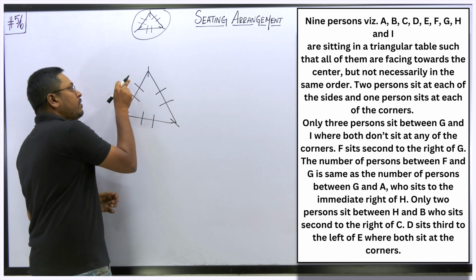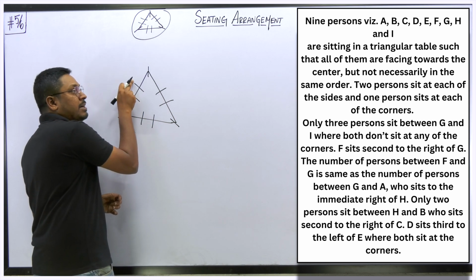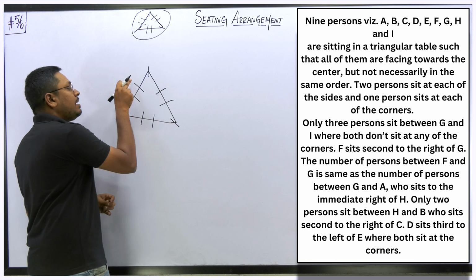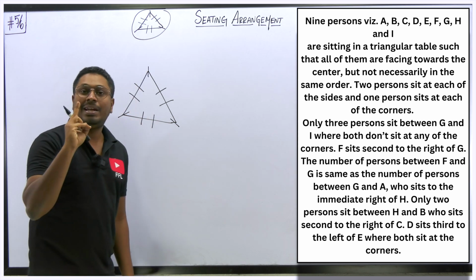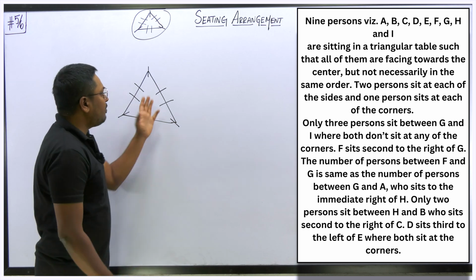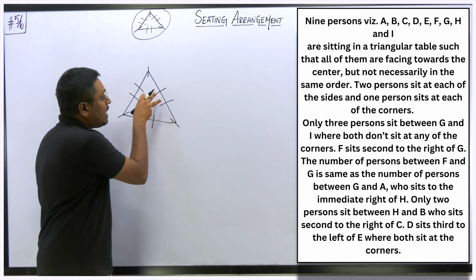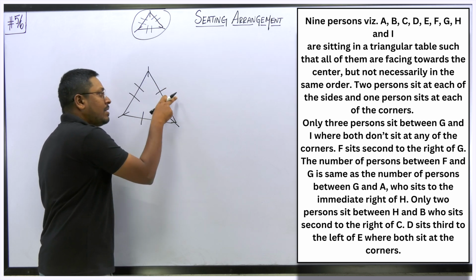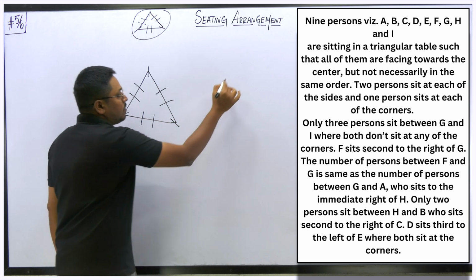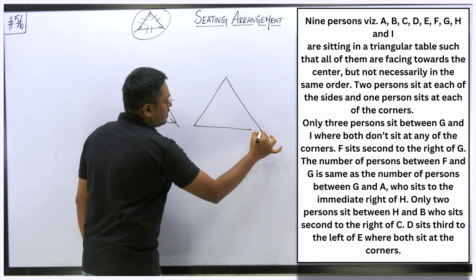But remember, if you fix G in this diagram, there are two chances: either G here or G here, because if only one person were sitting on a side, we would not get any possible diagrams. But here there are already two persons on each side, so G can be placed here or here. So we have to draw two possible diagrams.